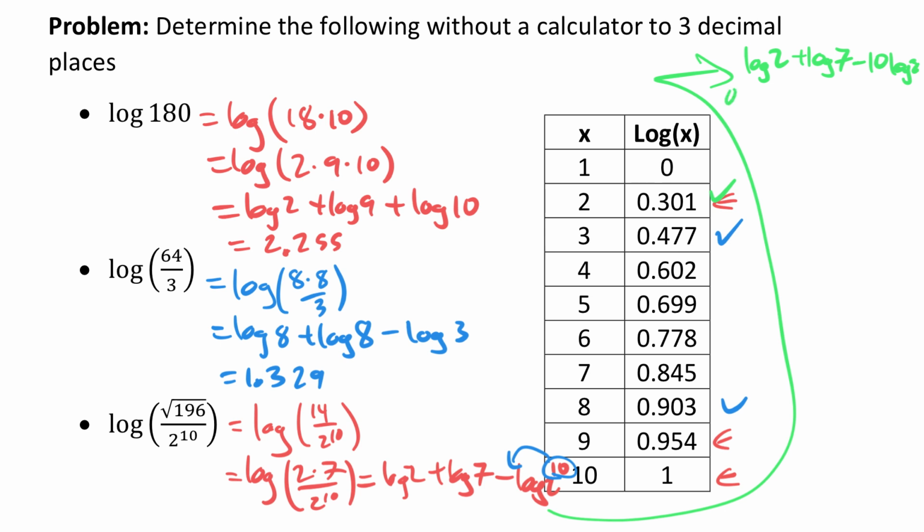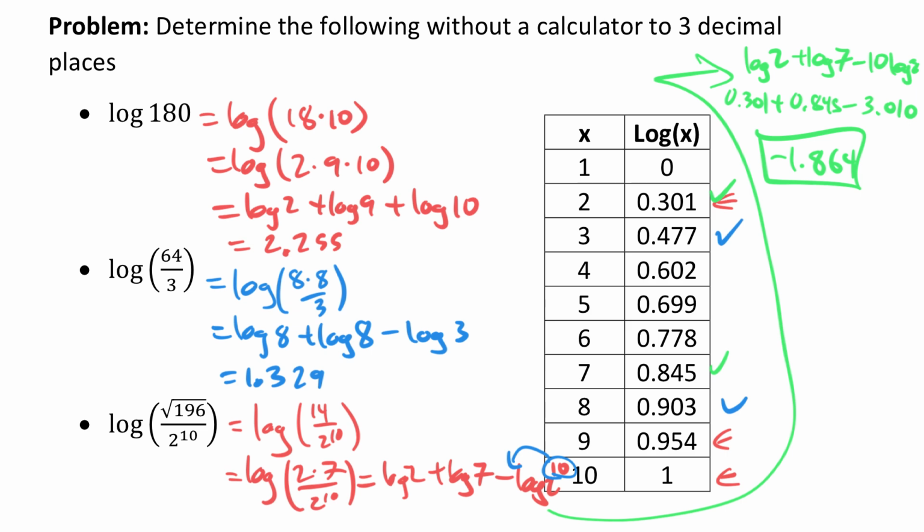So here you have 0.301 plus 0.845 minus 3.01. You can put a 0 at the end if you want. And then we go ahead and calculate all of those numbers, and we see what we get. So that should give you negative 1.864.